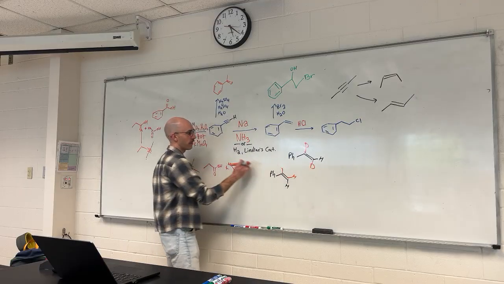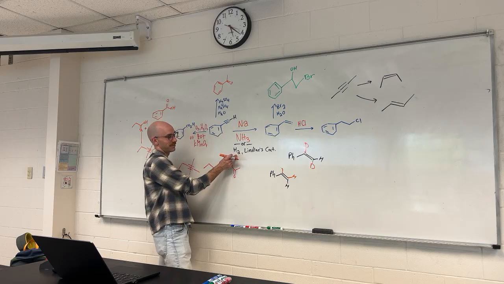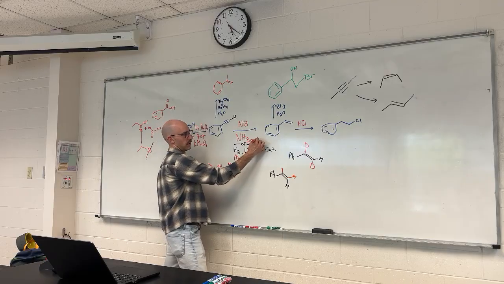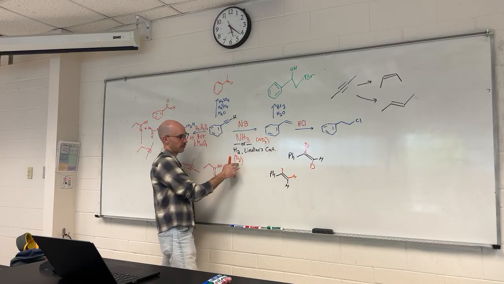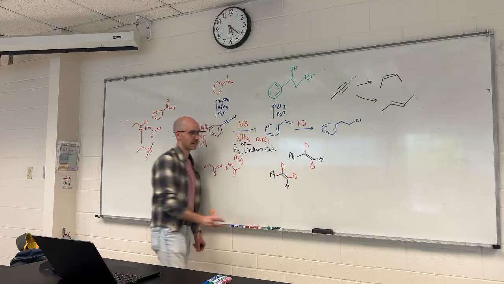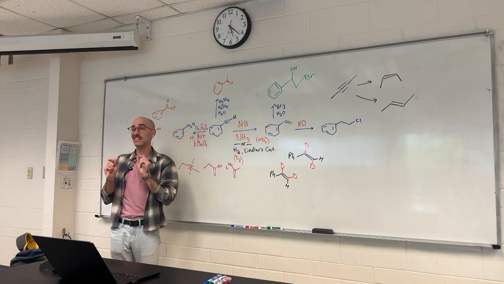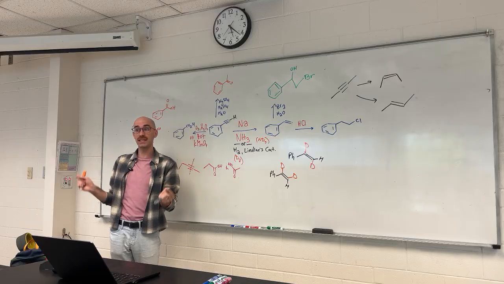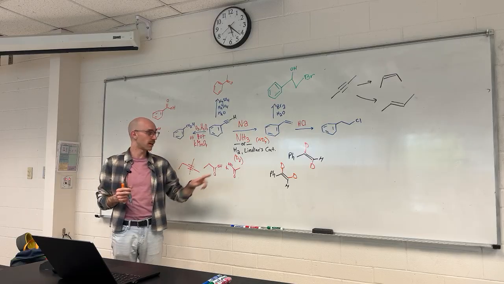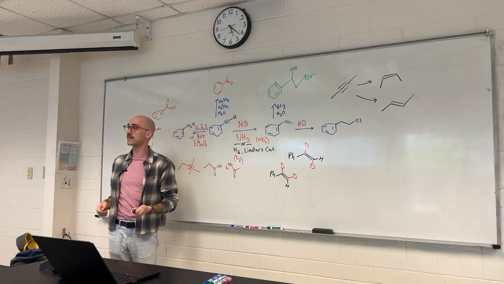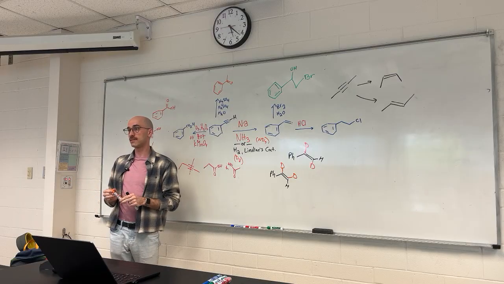Or if I run this with D2, deuterated hydrogen, I add deuterium syn, because deuterium is chemically hydrogen. So it does the same chemical reactions that hydrogen does. But it is not NMR active in the same way that hydrogen is.